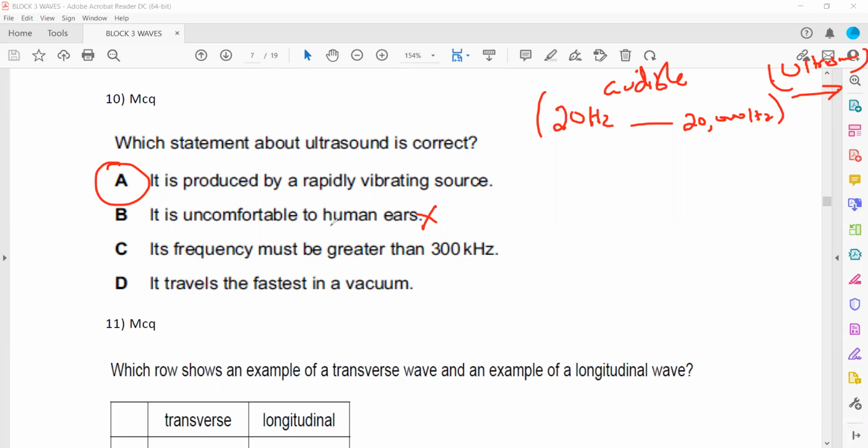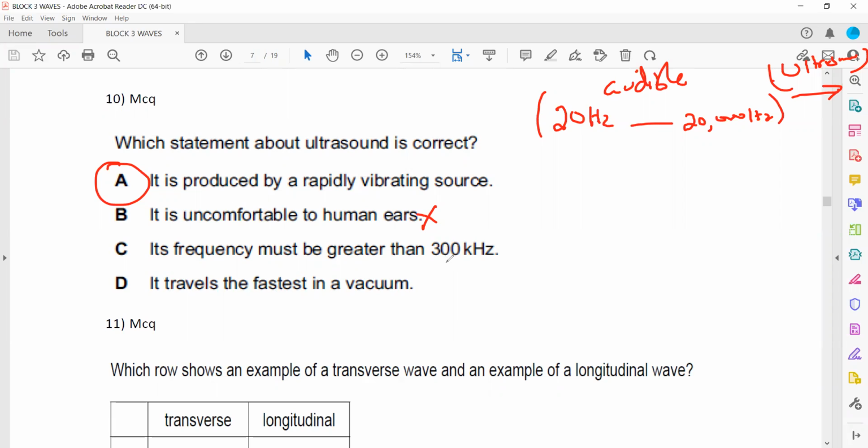So we are not able to detect them at all. A loud sound, a sound which has a high loudness or intensity, will be uncomfortable, not the ultrasound, because our ear cannot detect ultrasound, so we don't detect anything. That's why it is not uncomfortable to the human ear.